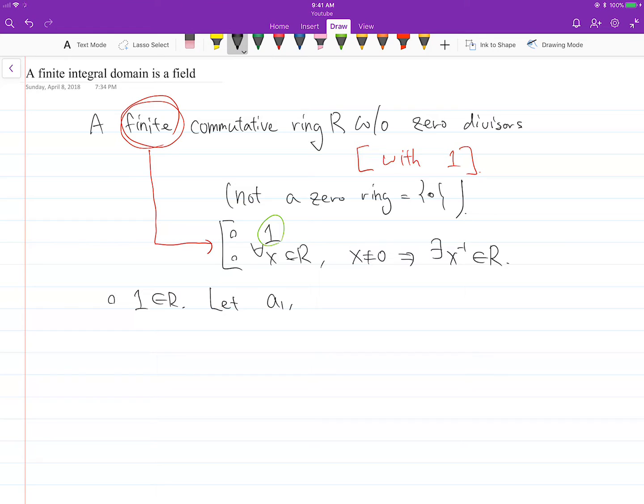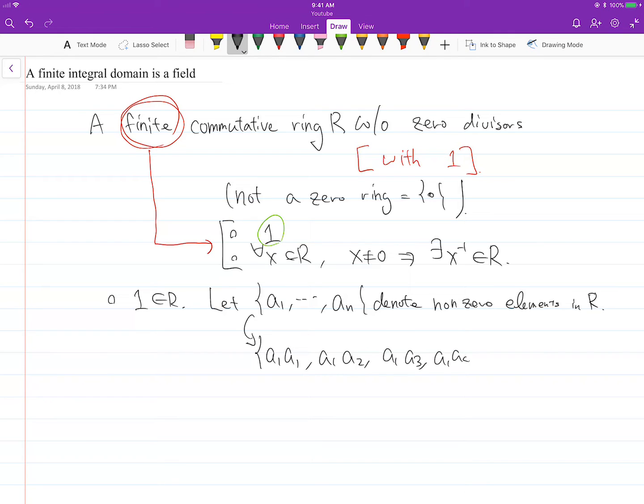Let a1, ..., an denote the non-zero elements in R. I'm going to think of the sequence a1a1, a1a2, a1a3, a1a4, up to a1an. Basically, take every element in this set and multiply by a1 from the left side.